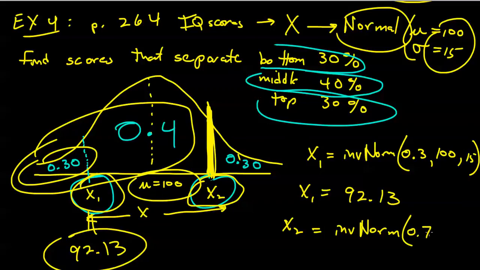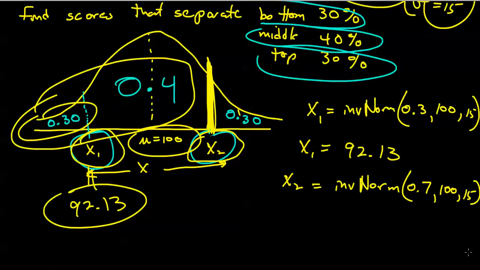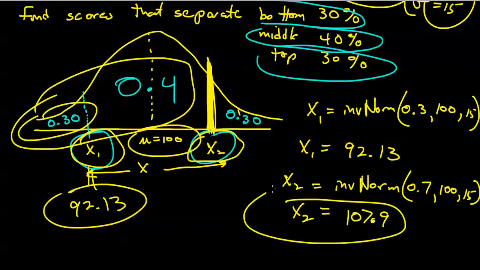So I can hit inverse normal 0.7, comma 100, comma 15, and I'll punch it out. So x sub 2 is going to be 107.9, and that looks about right. Certainly it's more than 100. Certainly it's on the correct side of the mean, as we would expect from the diagram.